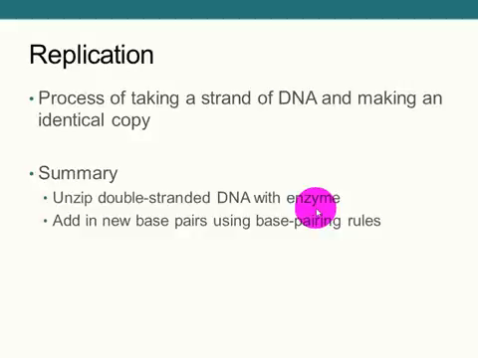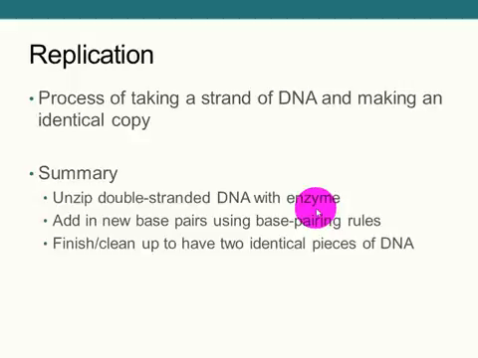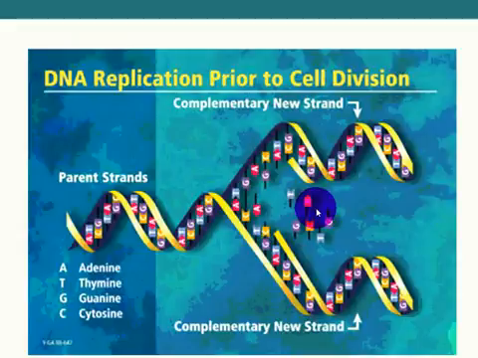Remember, enzymes are proteins in our body that carry out chemical reactions. The enzyme is going to notice it has a naked half, and it's going to add new base pairs in. Then anything gets tidied up, cleaned up if there are any errors, and we get two identical strands of DNA. This is a very basic diagram of what's going on.